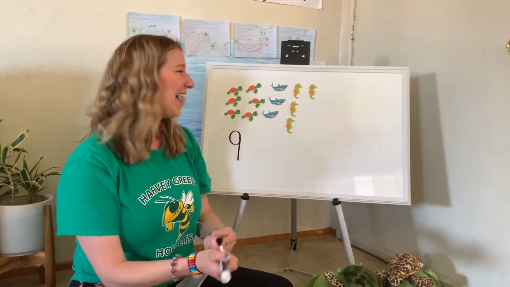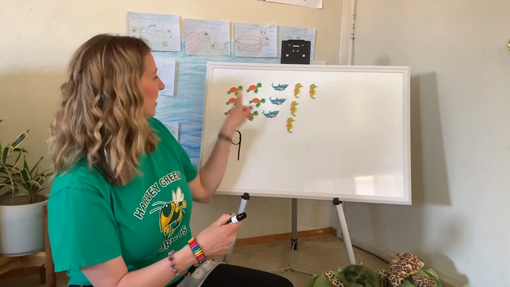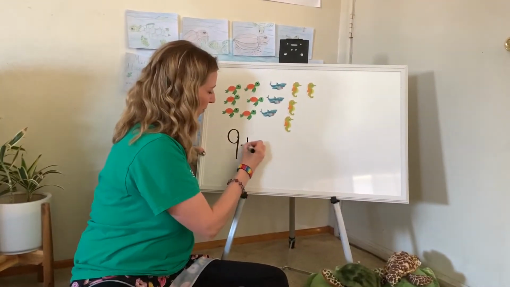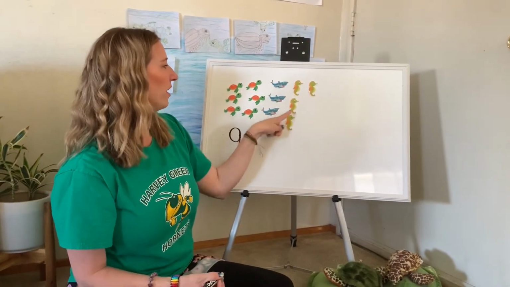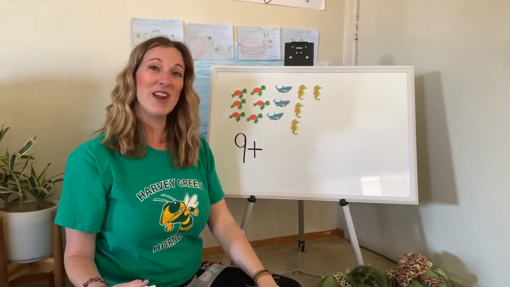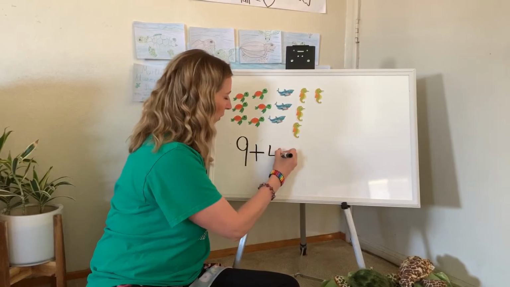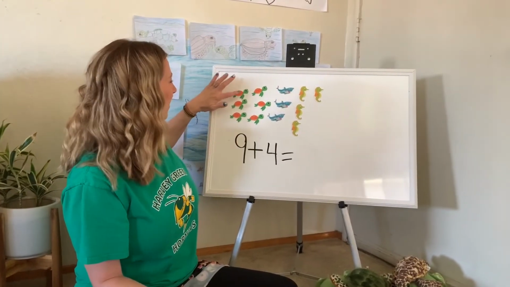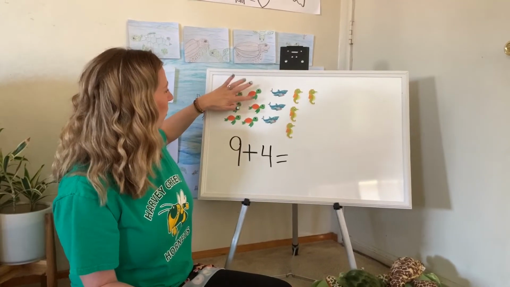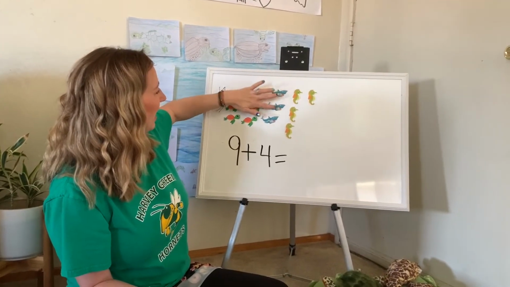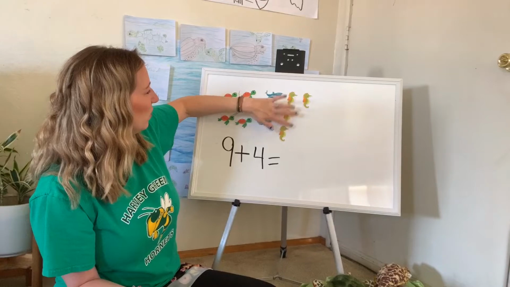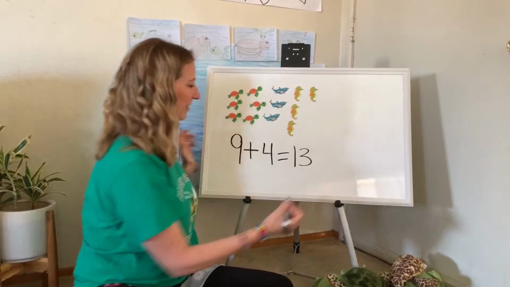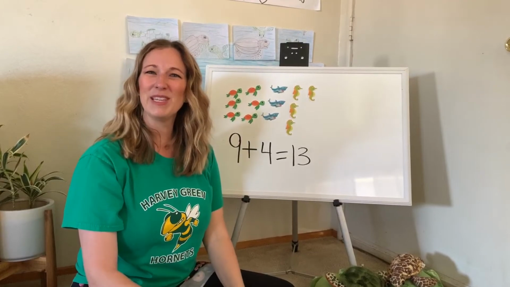We're going to add. So 9 plus 4, what does that equal? Let's see. 1, 2, 3, 4, 5, 6, 7, 8, 9, 10, 11, 12, 13. A teen number. All right, you did a great job with these word problems.